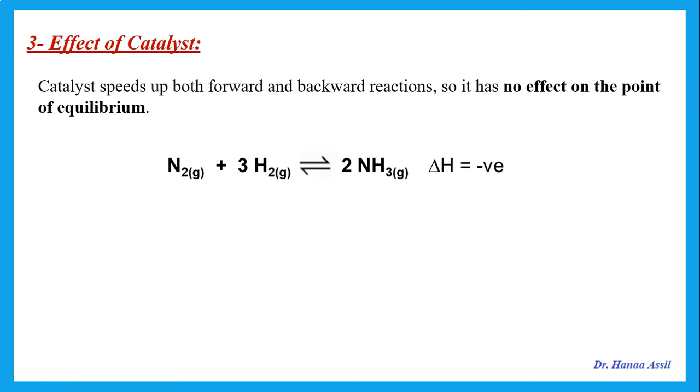Effect of catalyst: remember a catalyst speeds up the reaction. For a reversible reaction, it speeds up both forward and backward reactions, so catalysts have no effect on the point of equilibrium.